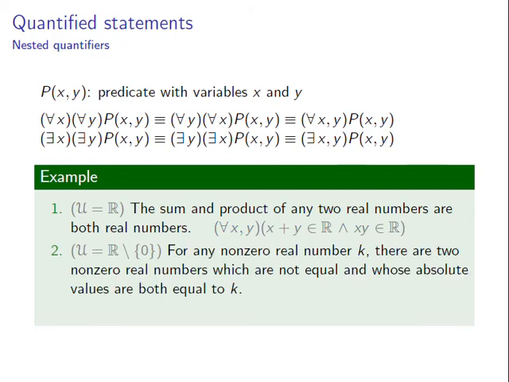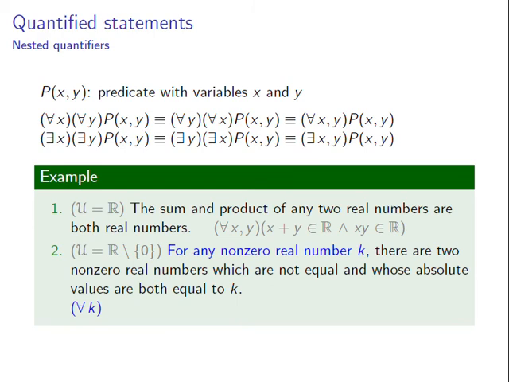Next, we have the sentence, for any non-zero real number k, there are two non-zero real numbers which are not equal and whose absolute values are both equal to k. Assume in this example that the universal set is the set of all non-zero real numbers. The phrase, for any non-zero real number k, involves the universal quantifier applied to the variable k.